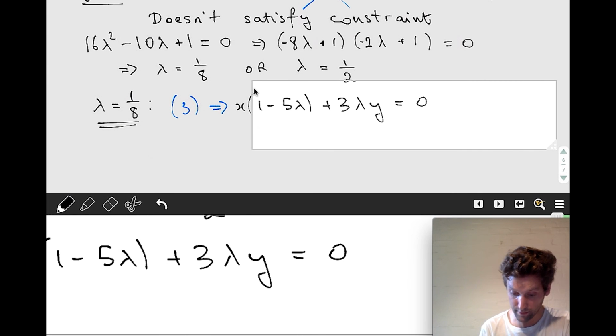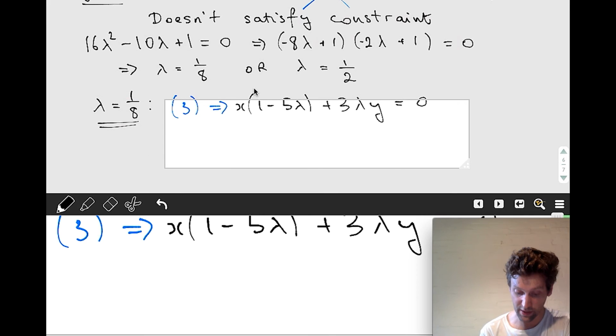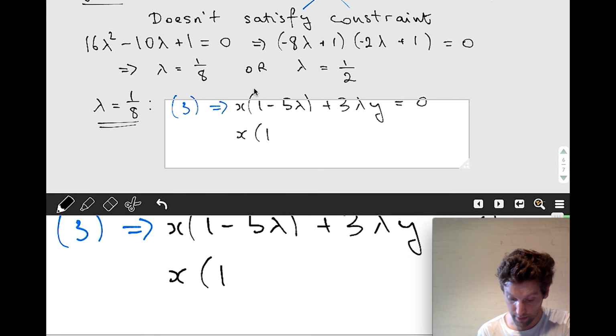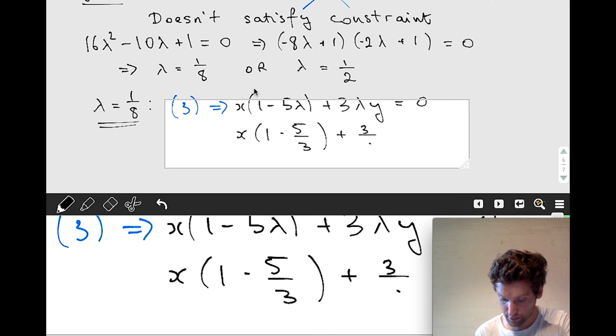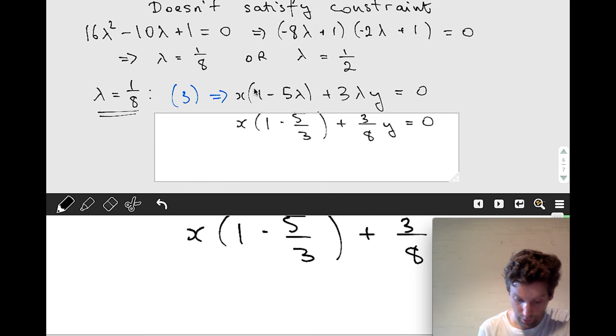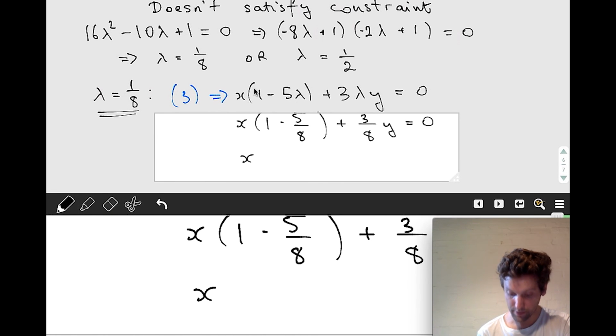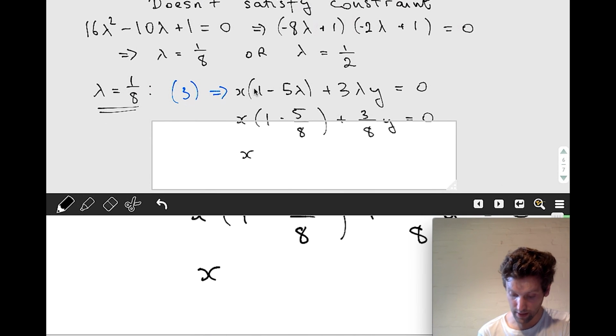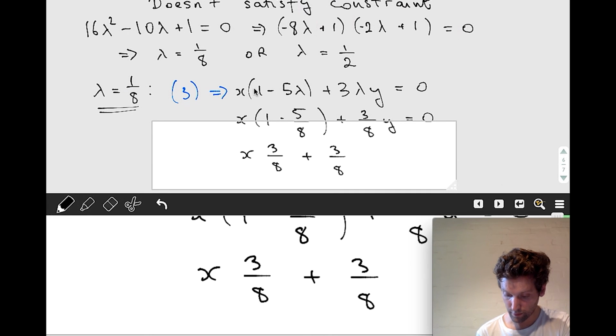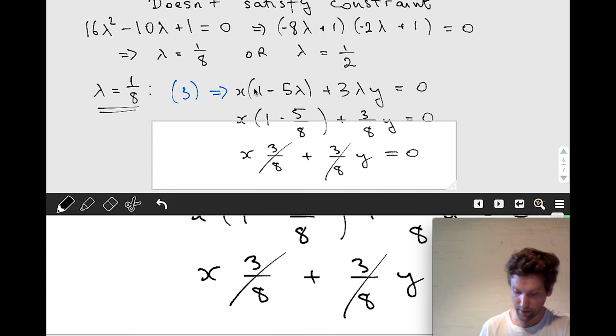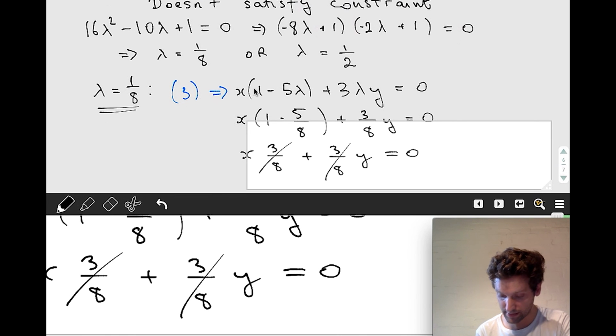Let's substitute in the value lambda is equal to 1/8, which gives us x times 1 minus 5/8 plus 3 over 8 y is equal to 0. So x times 1 minus 5/8 is 3/8, plus 3 over 8 y is equal to 0. Those factors of 3/8 cancel, and that gives me that x is equal to minus y.